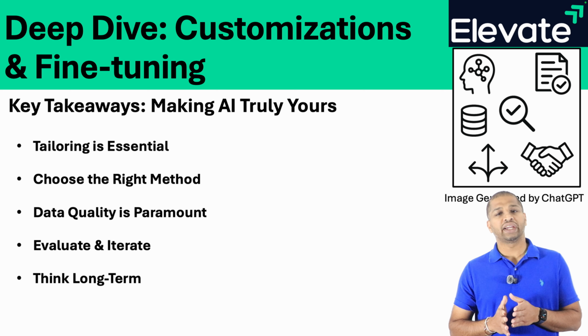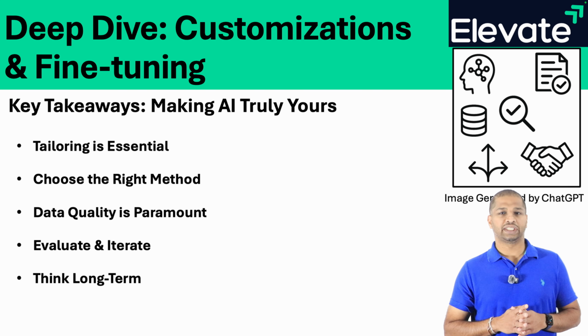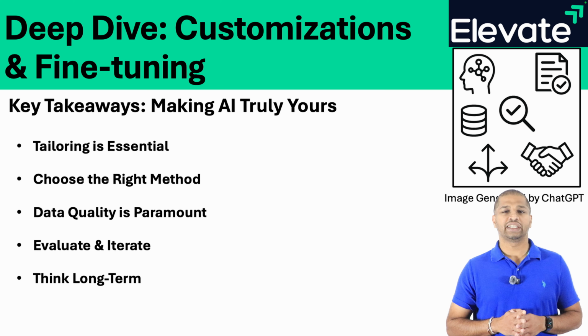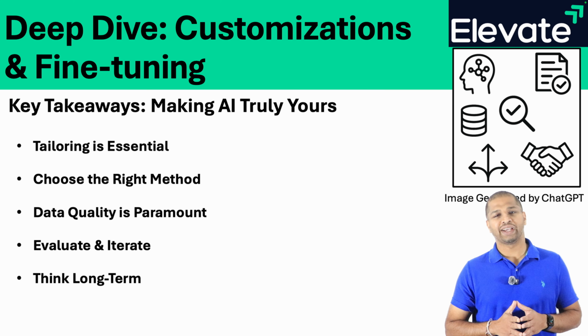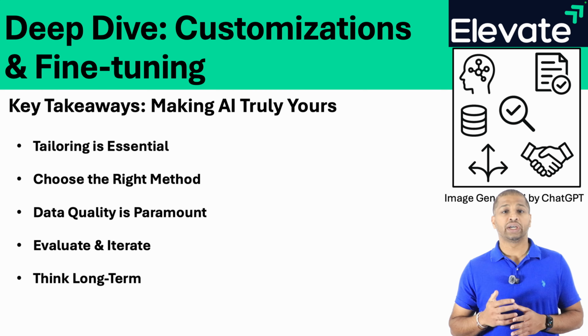Evaluate and iterate continuously to refine your approach and ensure optimal performance. And finally, think long term about the maintenance, cost, and ethical implications of your customized AI. By embracing these principles, we can truly make generative AI ours, transforming it into an invaluable specialized tool for our organizations.